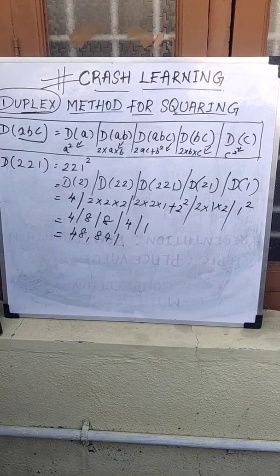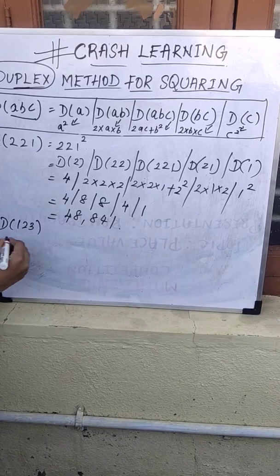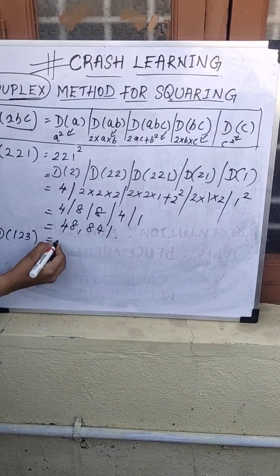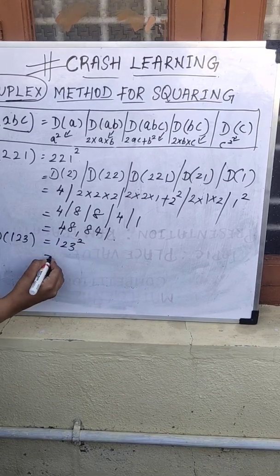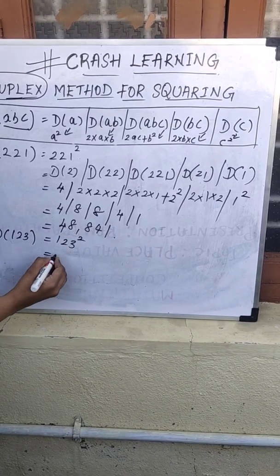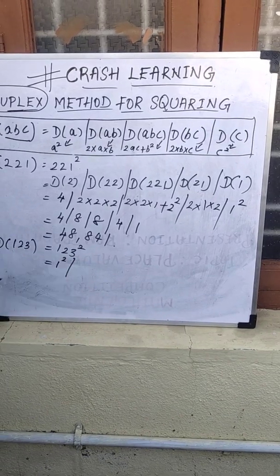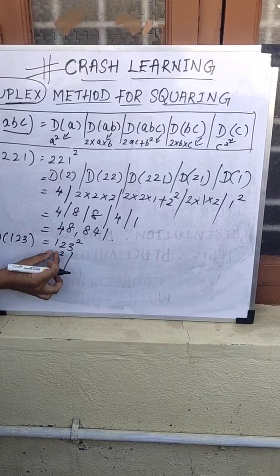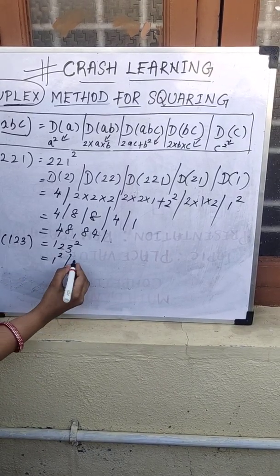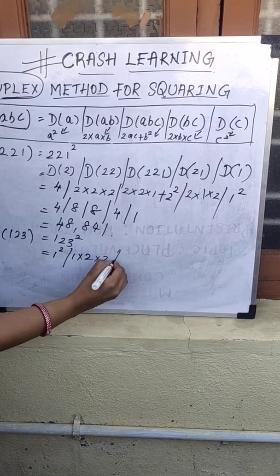Let's go with one more example, the duplex of 123. The duplex of 123 means we are going to square 123. The first step is the duplex of 1, which is 1 square, so 1. I am writing directly. Then the duplex of 12, which means 1 into 2, the product, multiplied by 2.